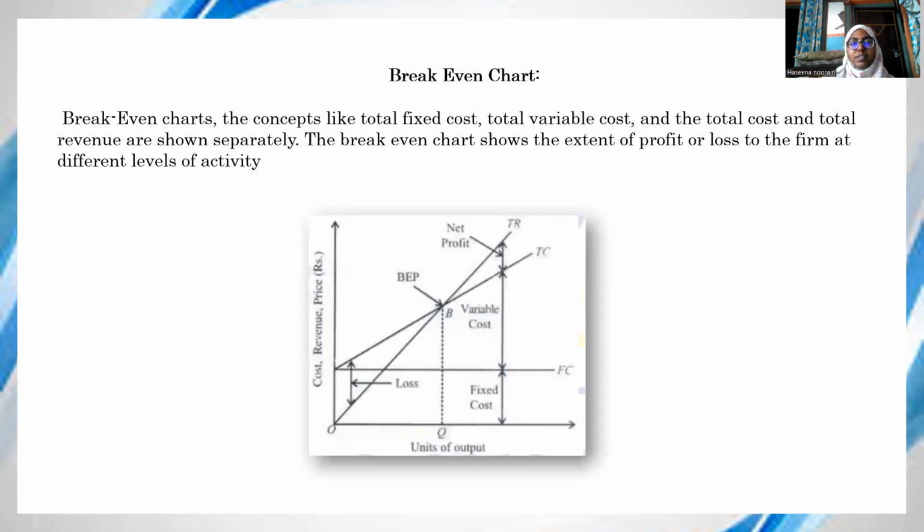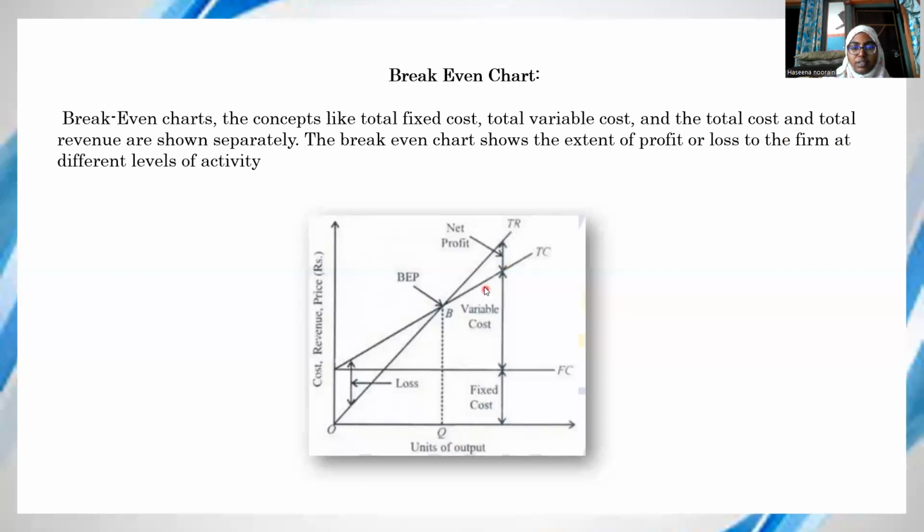Let us understand this by the break-even chart. The concepts like total fixed cost, total variable cost and total revenue are shown respectively. The break-even chart shows the extent of profit or loss of the firm at different levels of activity.